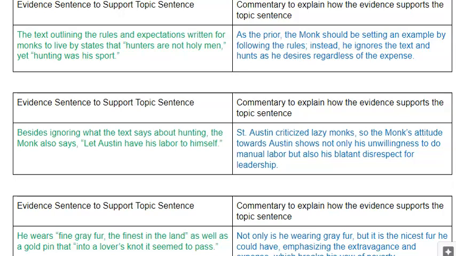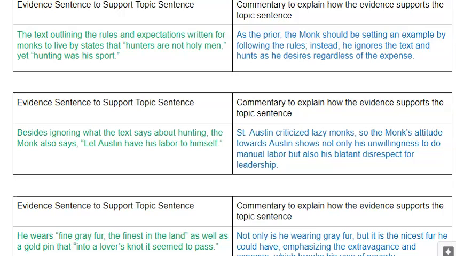I chose very small portions, and I put those portions into the sentence. And this goes back to the video that you should have already watched about embedding quotations and adding quotes into analysis.